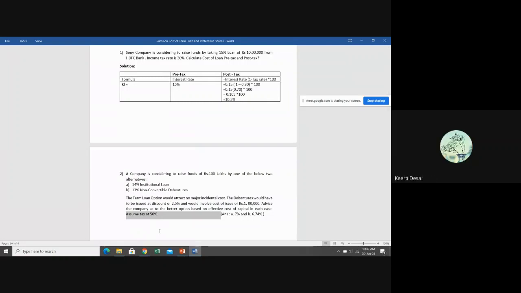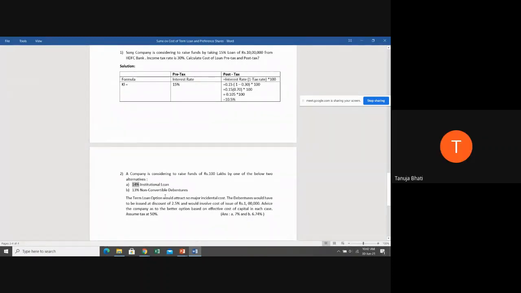Okay. So in your solution, when you are all working at home, for part A, the calculation of KL, you will first write the formula. KL is nothing but interest rate into bracket 1 minus tax rate into 100. What is the interest rate you are going to take? 14%.